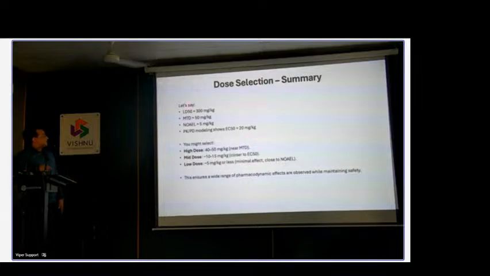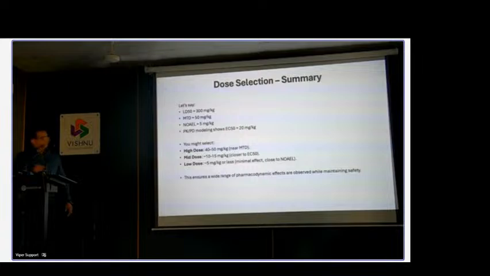So, just to summarize everything: you end up with 300 mg in a single dose study. In a dose response, you end up with 50 mg as the maximum; anything above 50, you end up with toxicity.